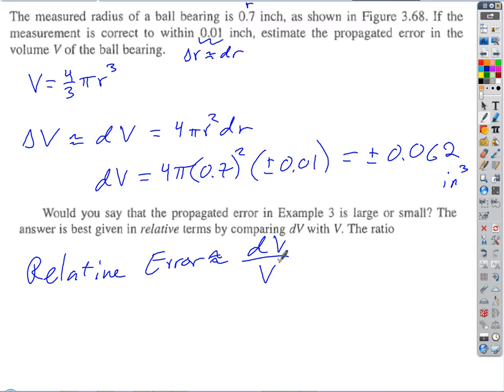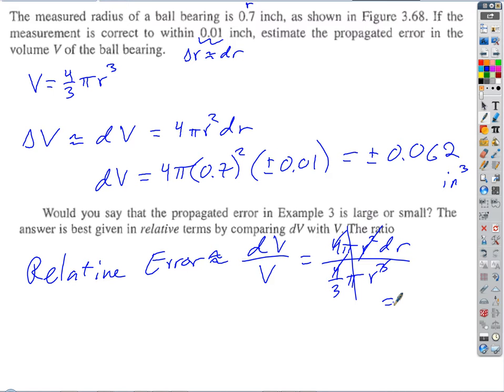So you might be thinking, let's just plug this number in for dV and compare that to V, but we can take a shortcut there too, because look what the formulas are. dV is just 4 pi r squared dr, and V is 4/3 pi r cubed. Look at all the stuff that cancels. The pi's cancel, I can cancel an r squared, and I can even cancel a 4.